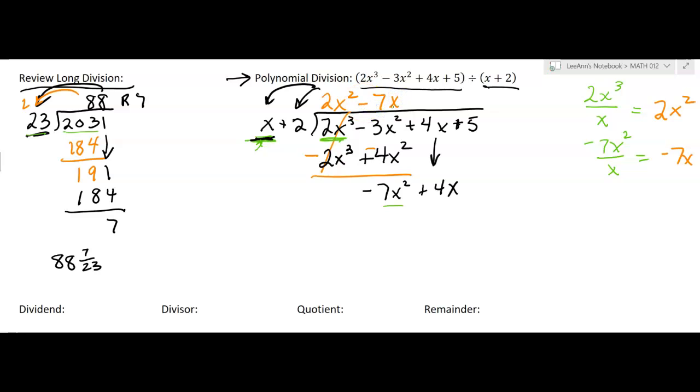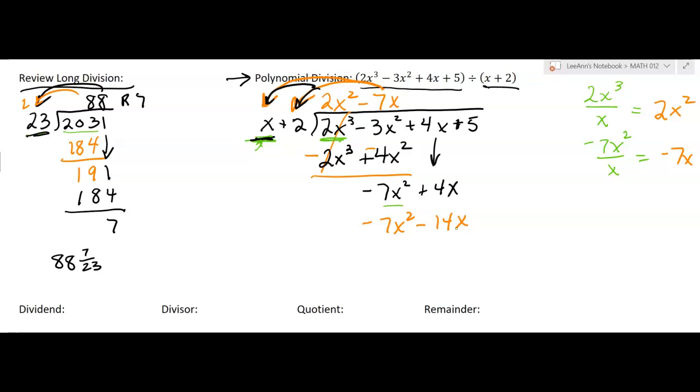Now we have to do the multiplying. So I multiply negative 7x times x. That gets me my negative 7x squared, which we were hoping would happen. But then you have to multiply negative 7x times 2x, which is going to be negative 14x. Okay? Now I have to change the signs.